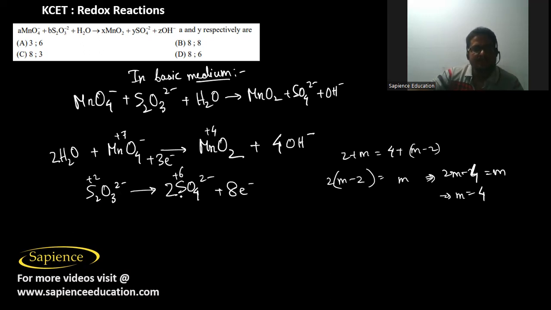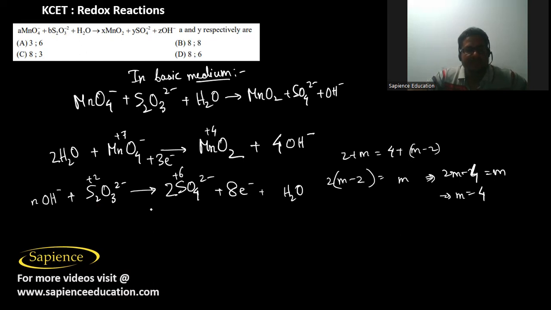And here we have 8 oxygens, and here we have 3 oxygens. So here we need hydroxide ions. Let's say we take n hydroxide ions, and we also need some amount of H2O.